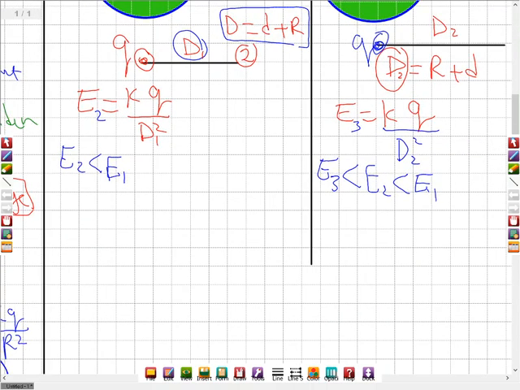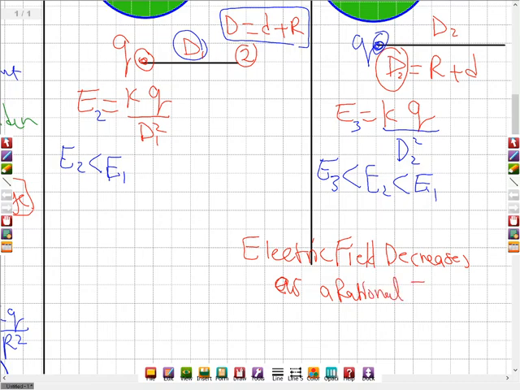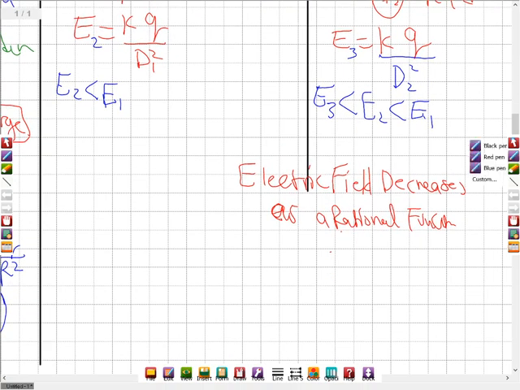The electric field decreases as a rational function, which is 1 over D squared.